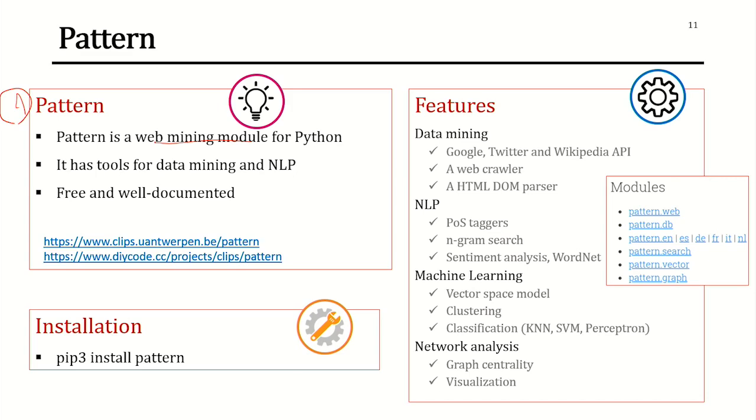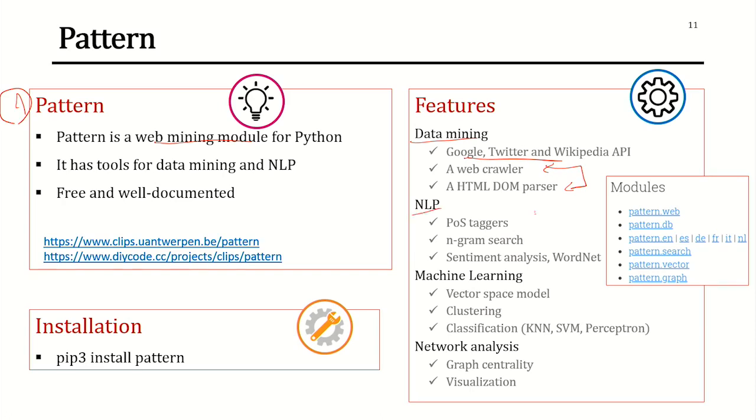There is a lot of documentation online that we can access to use the available features. As we have seen here, we can do data mining. The data can be retrieved from social networks, and we can also use the web crawler to retrieve data from internet sources.